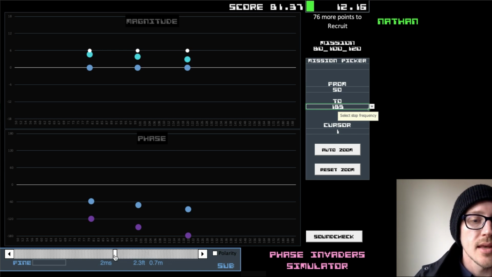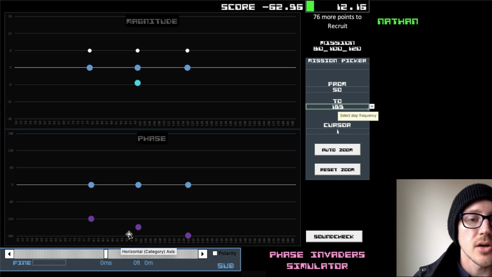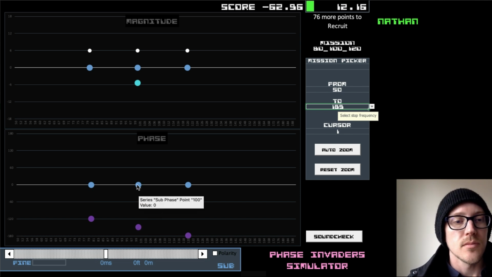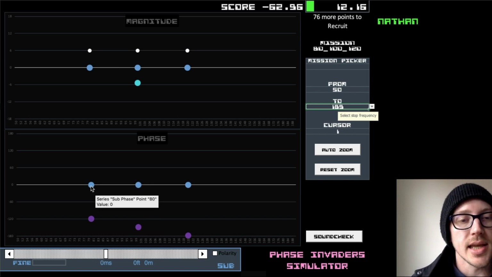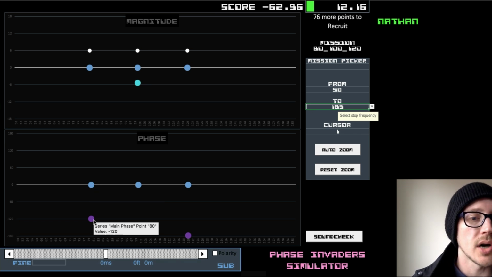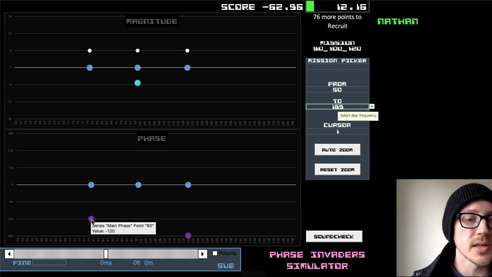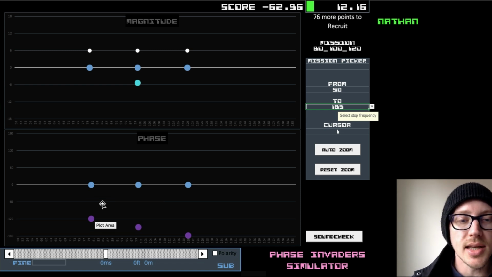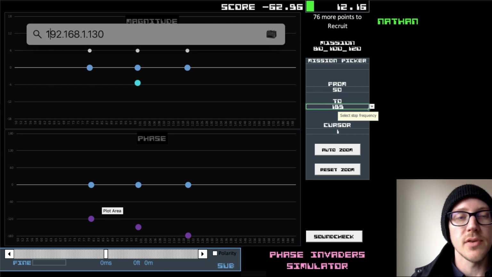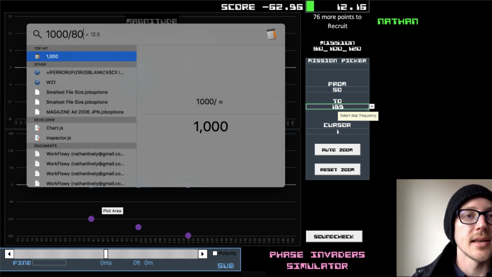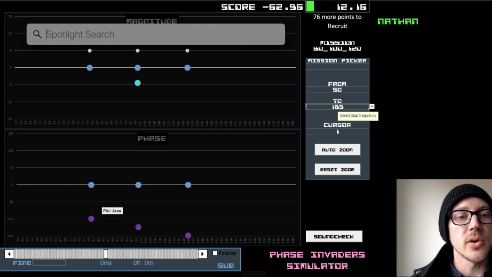If I take this back to 0, I could also think about how much delay it would take at 80 hertz to go 120 degrees. So I can see that this is at 0 degrees and this is at 120 degrees. How much would that take? I could calculate that. So I could divide 1,000 by 80, get 12.5.